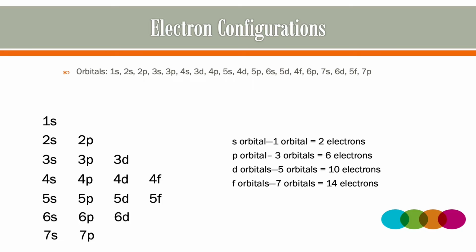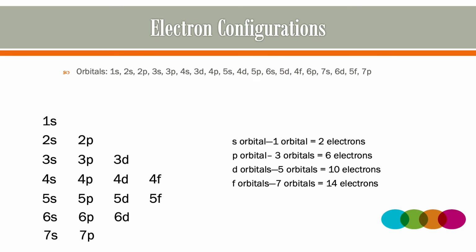The order of the orbitals is shown in the first bullet point, but this can be difficult to learn or memorize. There are other strategies. For example, list the s, p, d, and f orbitals according to the quantum number rules shown here.